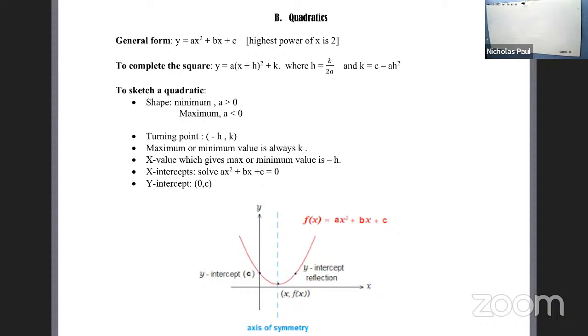So we are going to start trying to do one of these, and then we're going to take a look at something called the discriminant.